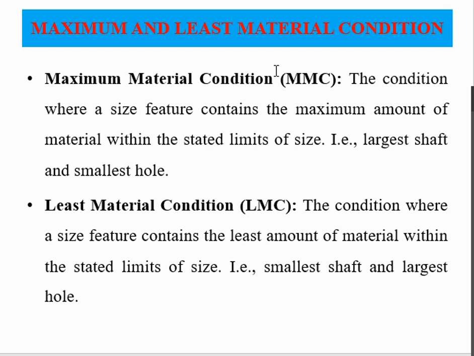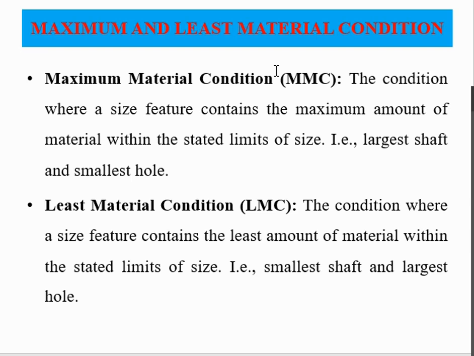For example, if you take a shaft whose basic size is 30, and you have given a tolerance of plus minus 0.2. This plus minus 0.2 is called a dimensional tolerance, where if you add plus 0.2, your upper limit will become 30.2 and the lower limit will become 29.80, right? So as a manufacturer, you're allowed to manufacture between 29.80 and 30.20, right?